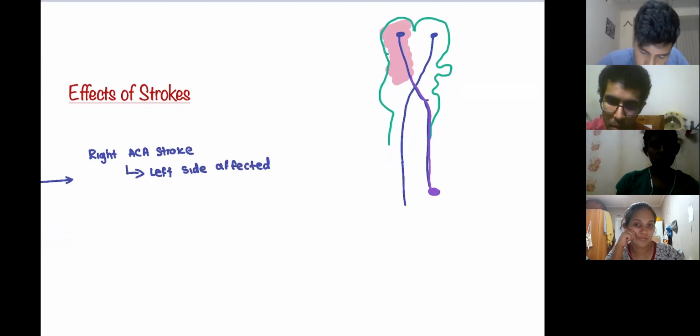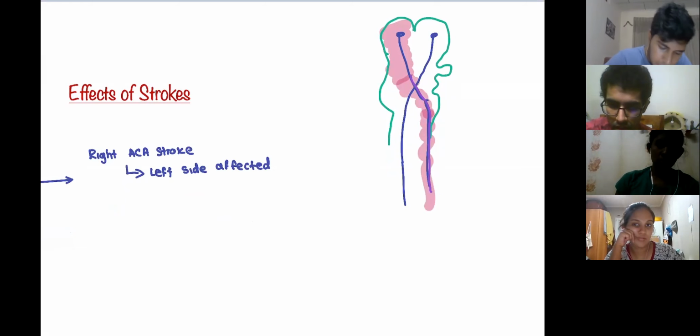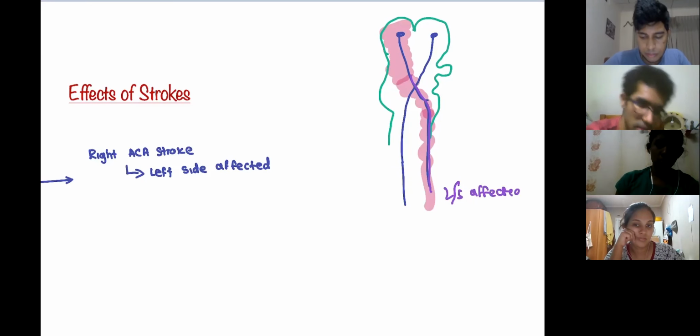And when you talk about this damage, can you understand it is going to be the left side affected? Opposite side, it's contralateral.